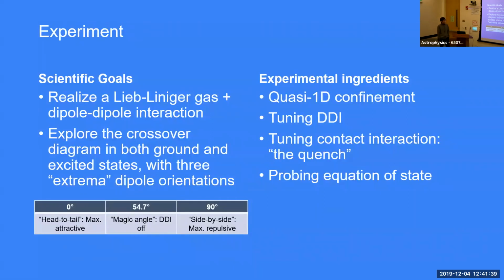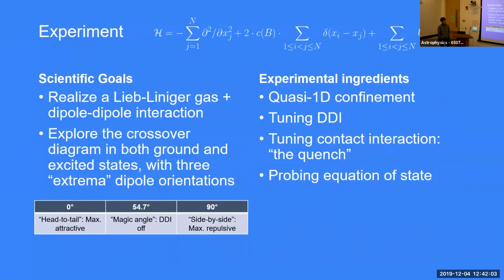The experimental ingredients that are required include a way to realize quasi-1D confinement, and we need to learn how to tune both the dipolar interaction and contact interaction, and also specifically how to perform the quench to reach the super-Tonks state. And then we'll need a diagnostic tool to directly probe the density of states of our quasi-1D gas.